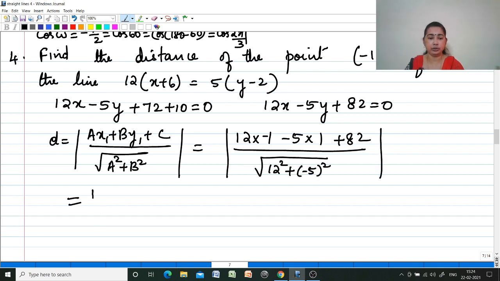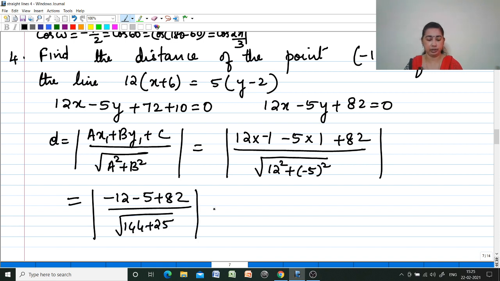That is equal to modulus minus 12 minus 5 plus 82 divided by root of 144 plus 25. That is equal to, simplifying this, 65 by 13, that is 5 units.